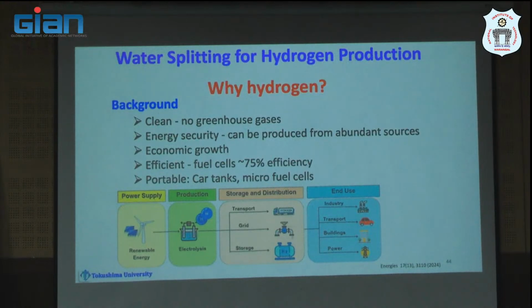Everyone is looking for a clean solution, okay? Green energy. Everyone is looking for a clean energy source, there is a demand for green energy. That's why this is maybe one of the methods that can be used to create green energy.